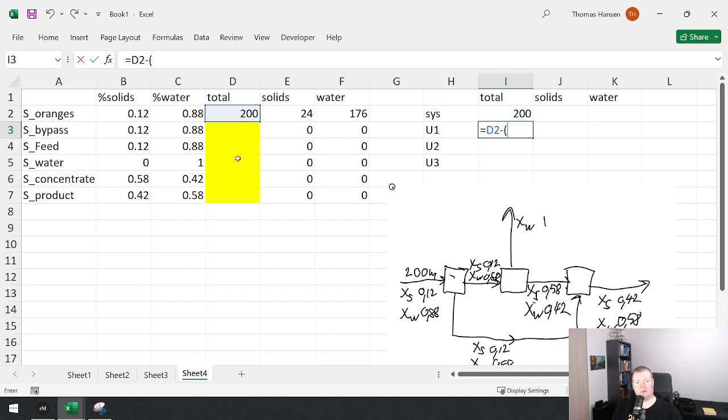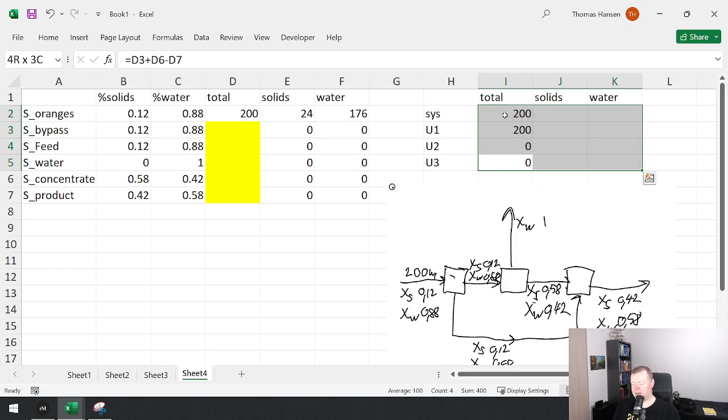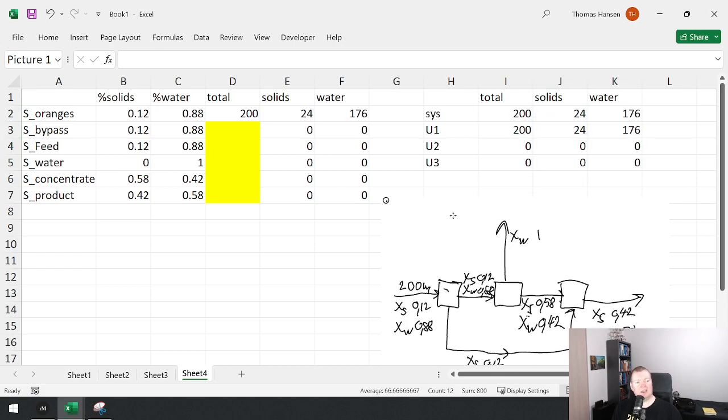What goes out would be my bypass and my feed. For my unit 2, what comes in would be my feed. What goes out would be my water and concentrate streams. And for my unit 3, what comes in would be my bypass stream plus my concentrate stream, and only my product stream exiting. And again, I can just fill it to the right.